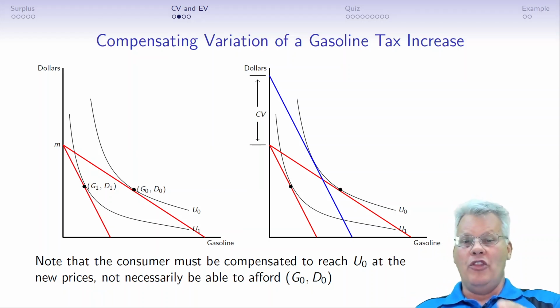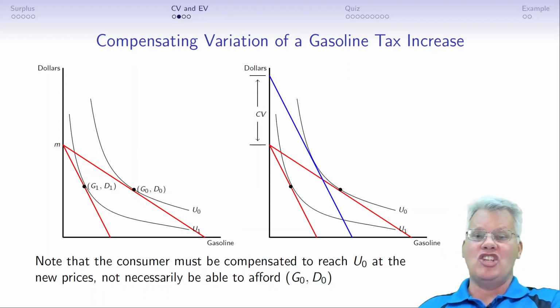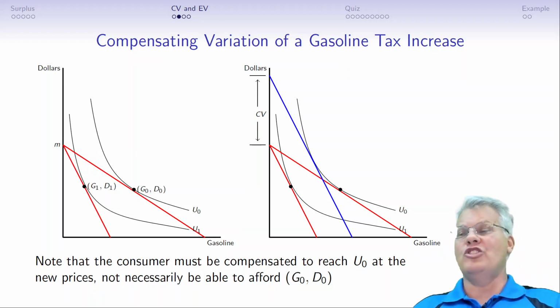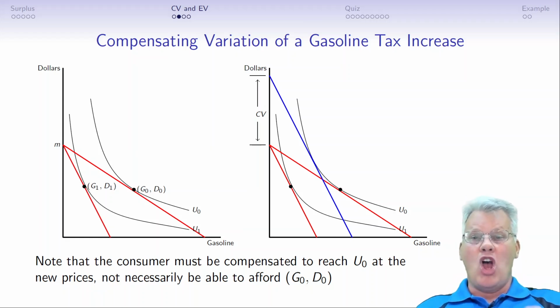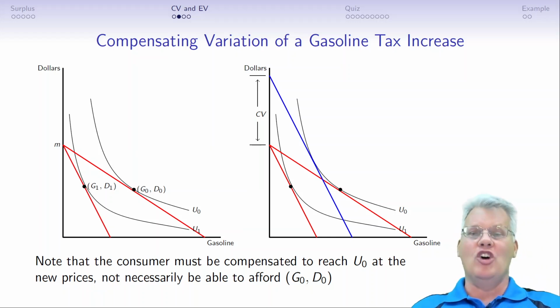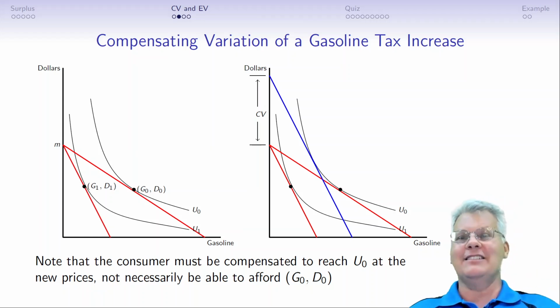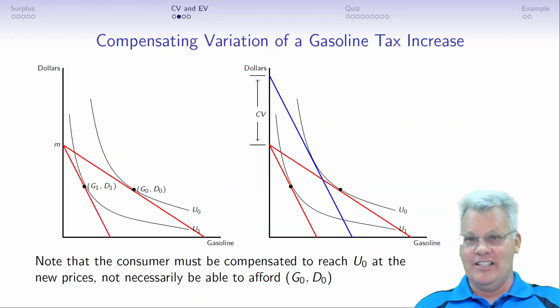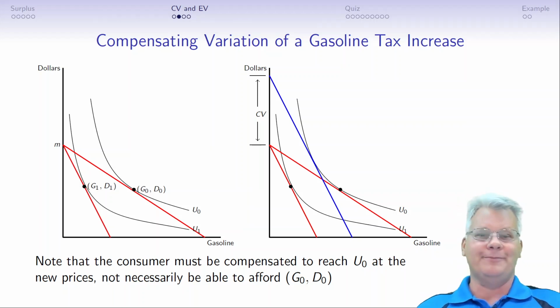Where the blue budget line is tangent to U sub 0, that restores my original level of well-being. So the dollar amount that goes from my original income to this new level, represented by the vertical intercept of the blue line with the vertical axis, that distance is my compensating variation.